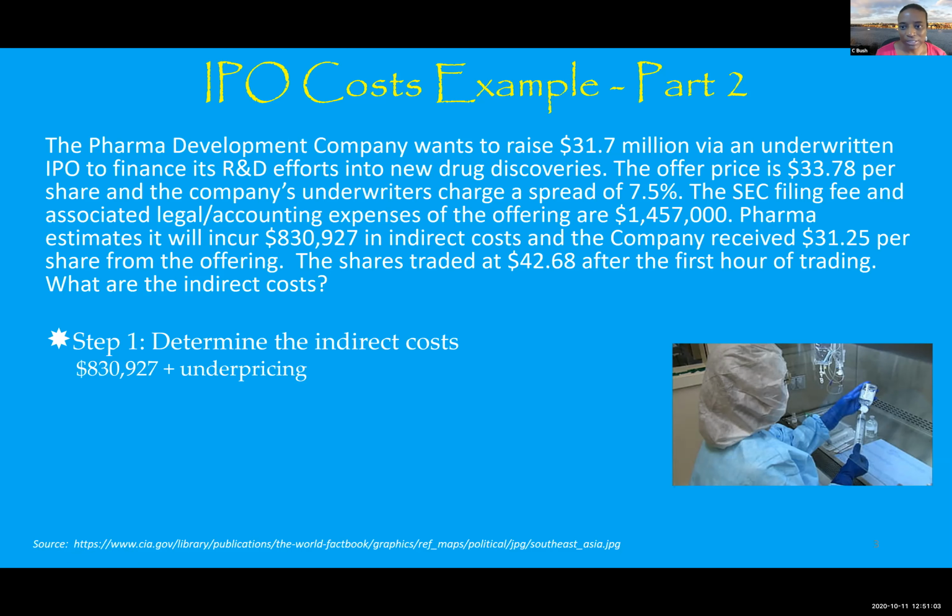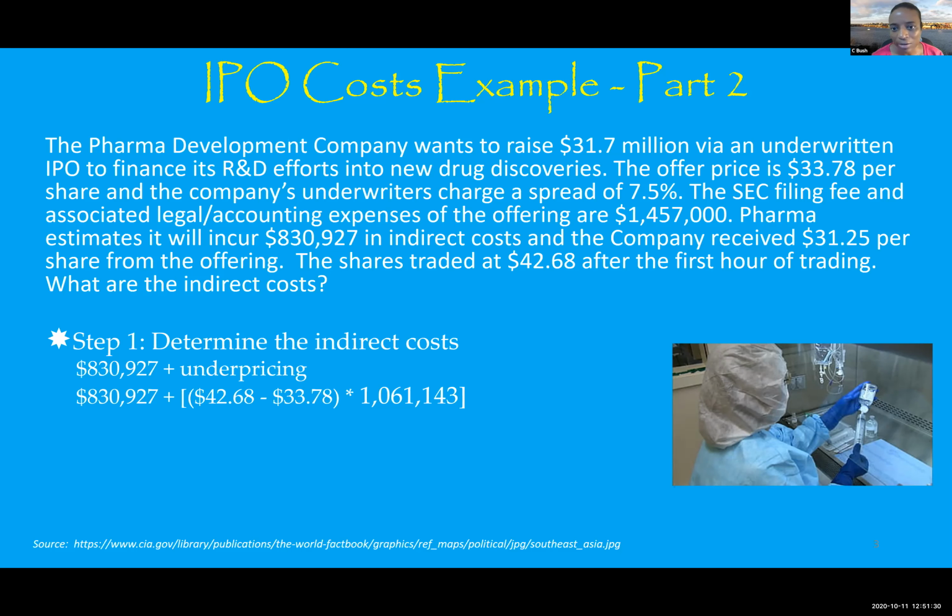So the indirect costs in this particular case are the $830,927 plus the amount of money the company didn't receive because the shares were priced too low. The company should have received more money per share and it didn't. That's what we call the underpricing. The way you calculate the underpricing is you take where the shares traded after the first hour or so of trading.